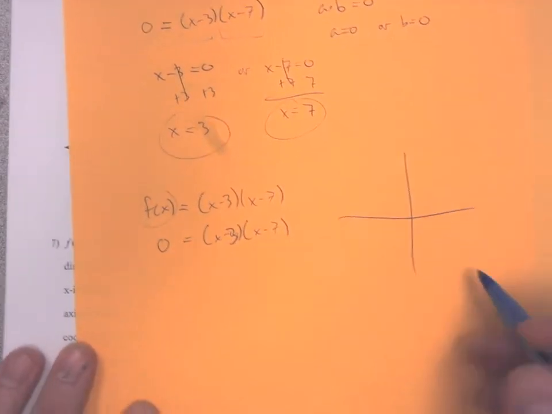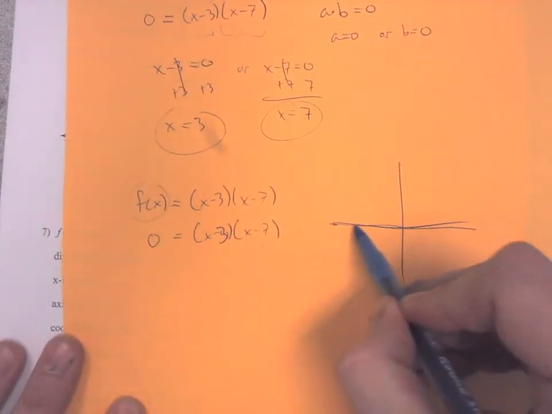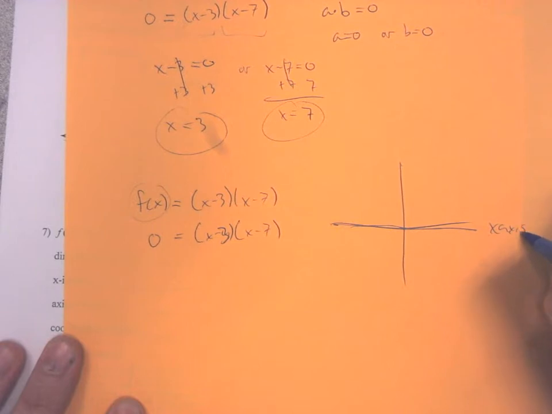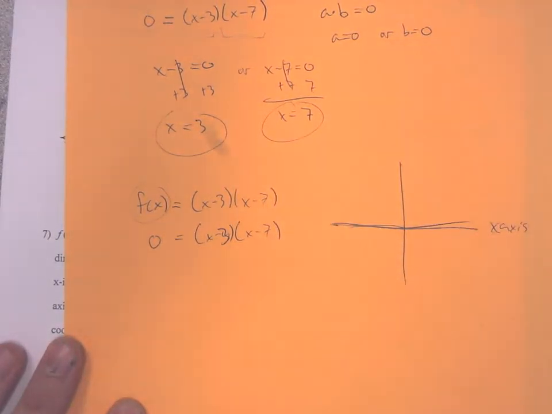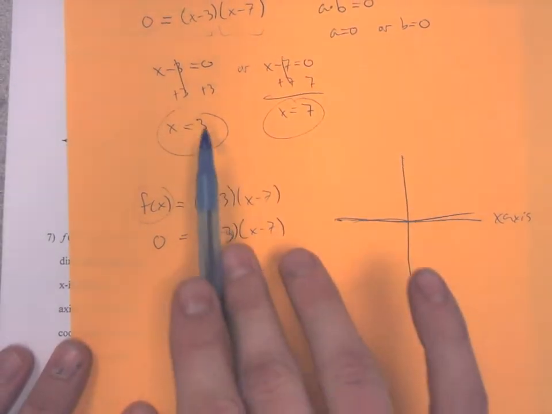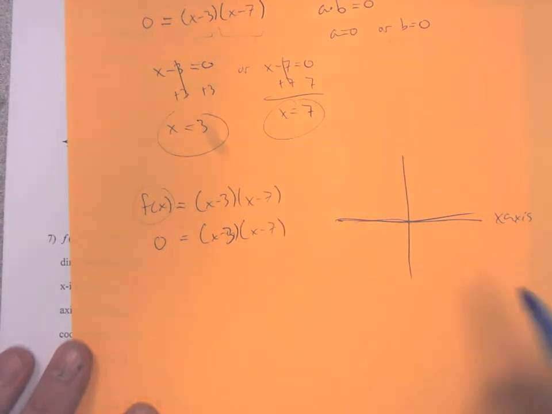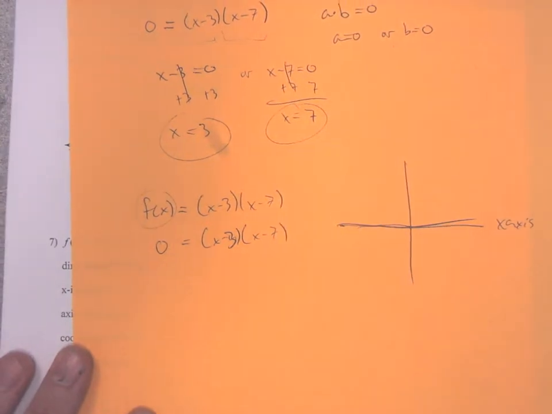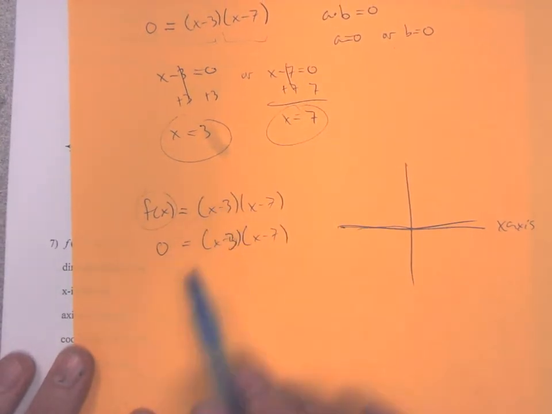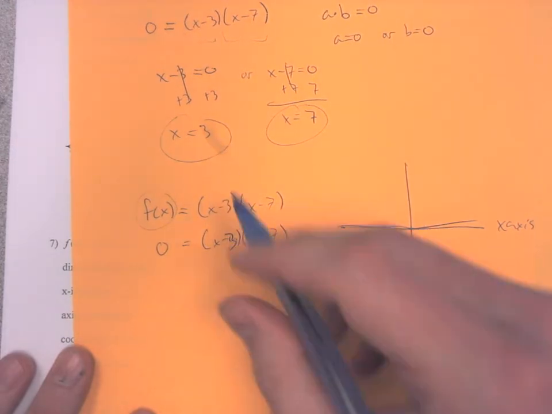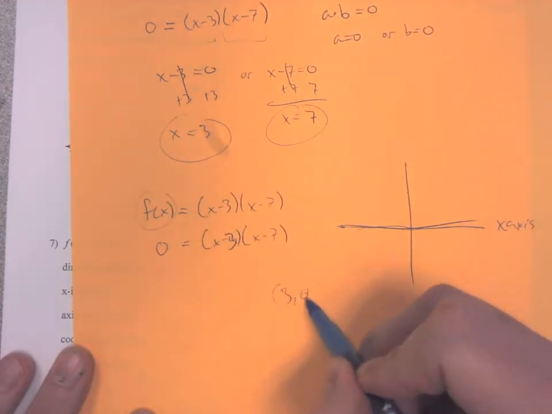Well, on a graph, when y is equal to 0, that's the x-axis, right? So when you solve this equation and you get 3 and 7, those are points on your x-axis, right? So when x is 3, y is 0, right?